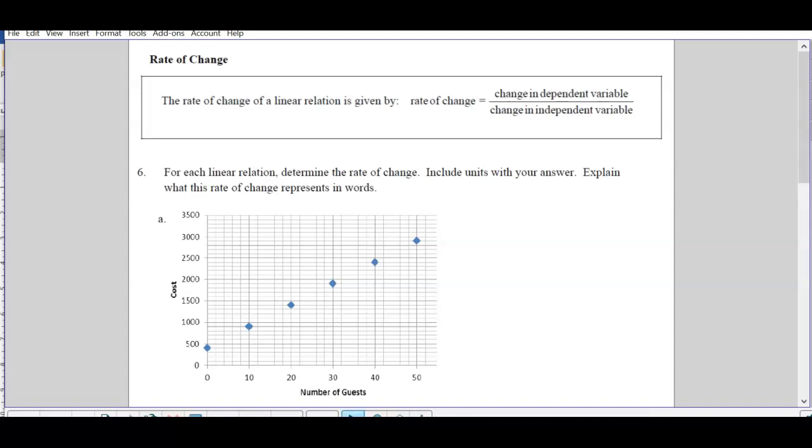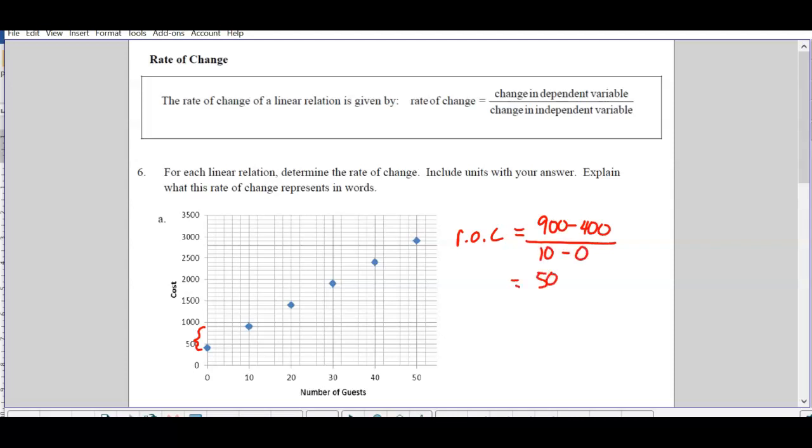Basically, actually I'll use red. So for the rate of change, we want to look at the change in the dependent variable. That's going from 400 to 900. So the rate of change is 900 minus 400 over 10 minus 0.